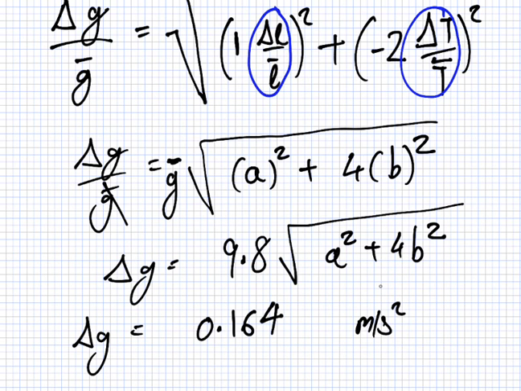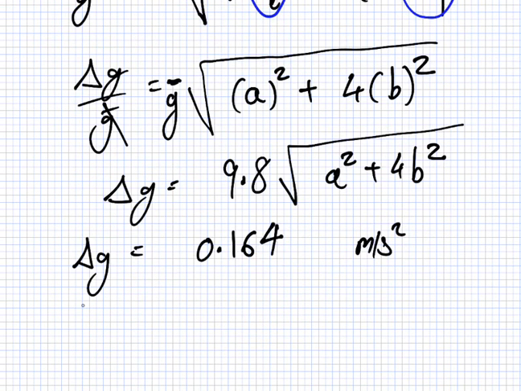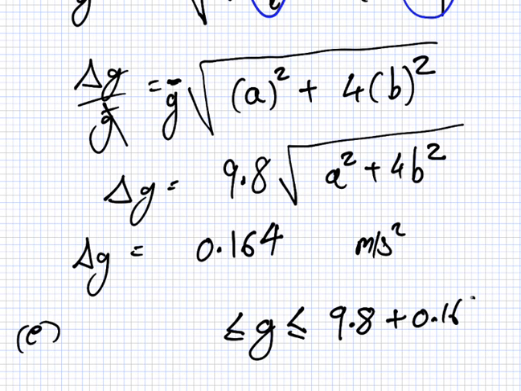Okay, which is actually the next part. We think that the true value for G will be somewhere between these bounds, 9.8 plus 0.164 or 9.8 minus 0.164.